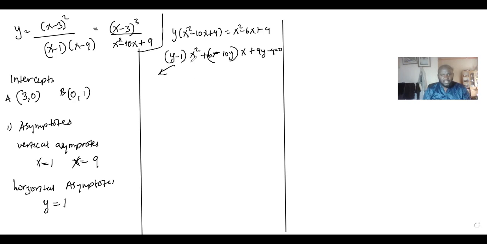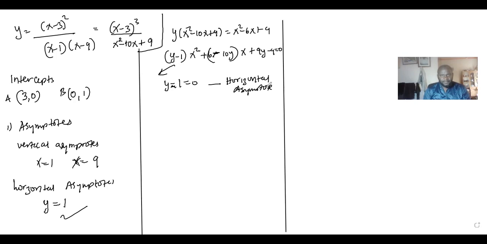The coefficient of x squared gives the horizontal asymptote, which is correct. So y minus 1 equals 0 gives us the horizontal asymptote, for those of us who don't know how to get it.